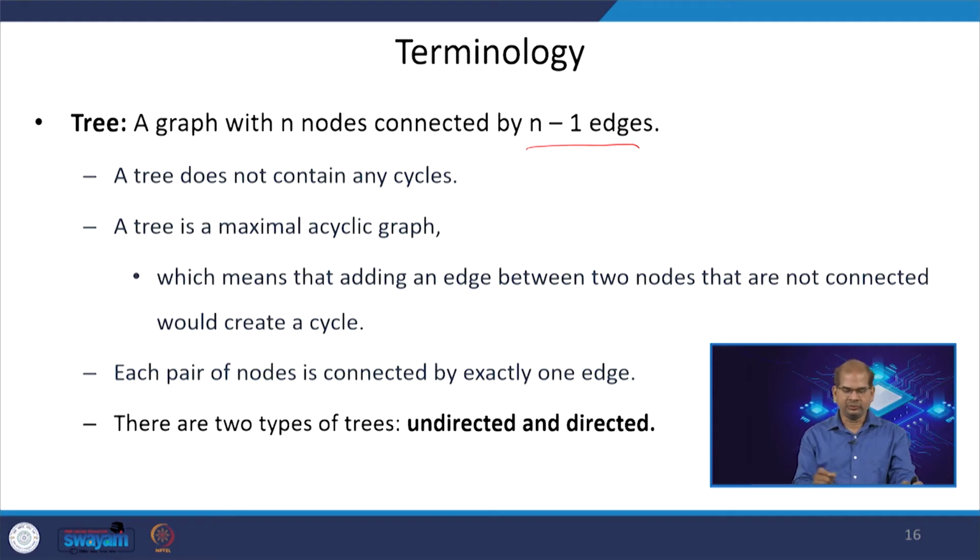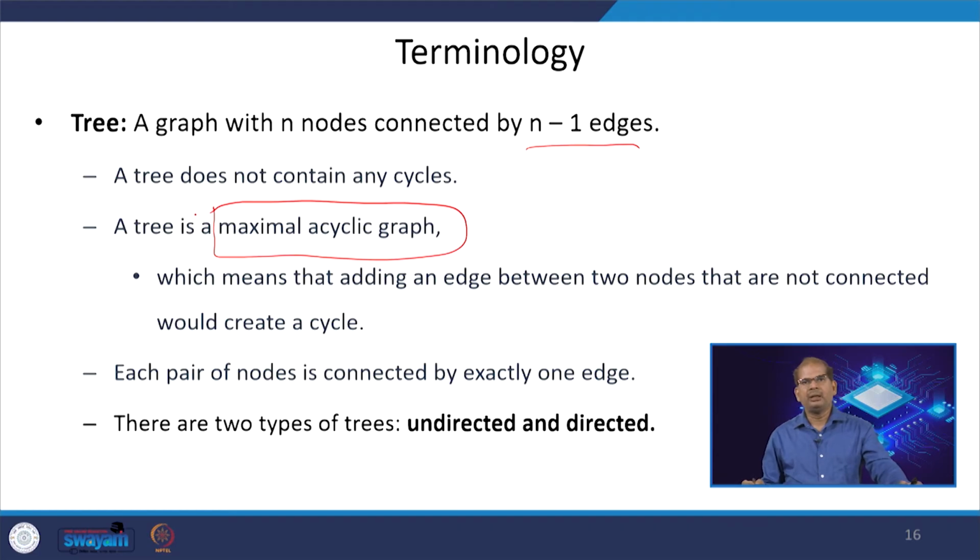A tree is also known as a maximally acyclic graph. Why is it called maximally acyclic? If I add one edge to it, it will create a cycle. Each pair of nodes is connected by exactly one path.